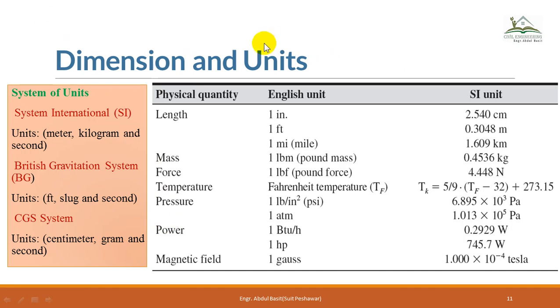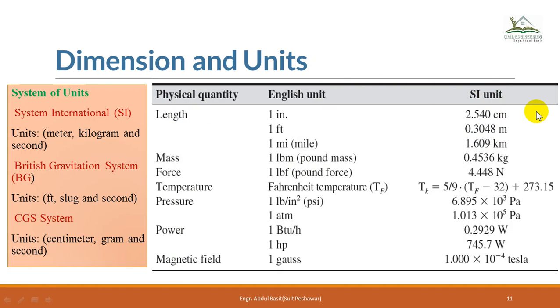Coming to dimensions and units, these are some basic units that will be used further in this subject. First, SI units: meter, kilogram and second. The British gravitational system consists of three basic units: foot, slug and second. And the CGS system is centimeter, gram and second.